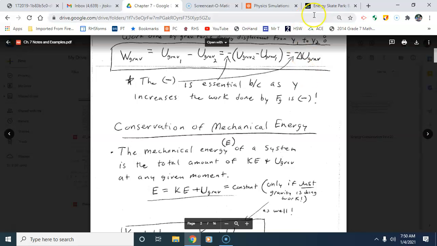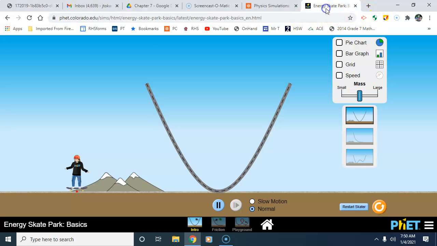All right? So back to my example. The hand would do 400 joules of work to get her to there, using the numbers I've been saying. But to get her to there and stop, gravity did negative 400. But then when we release her, 400 is stored as gravitational potential energy.